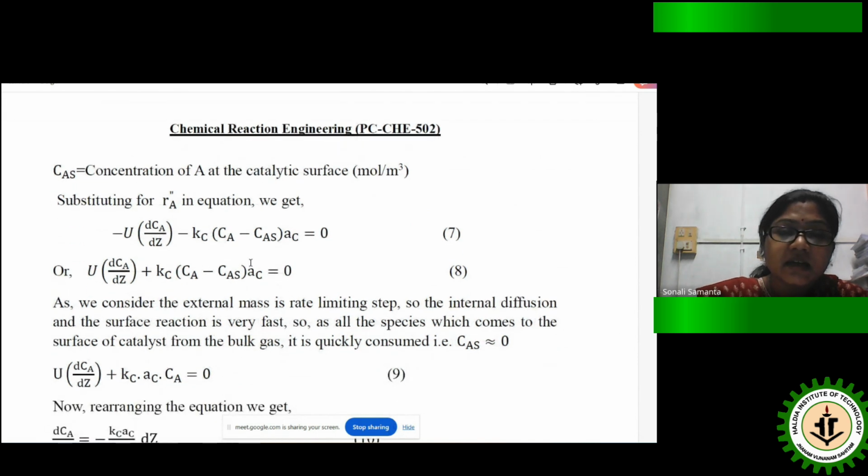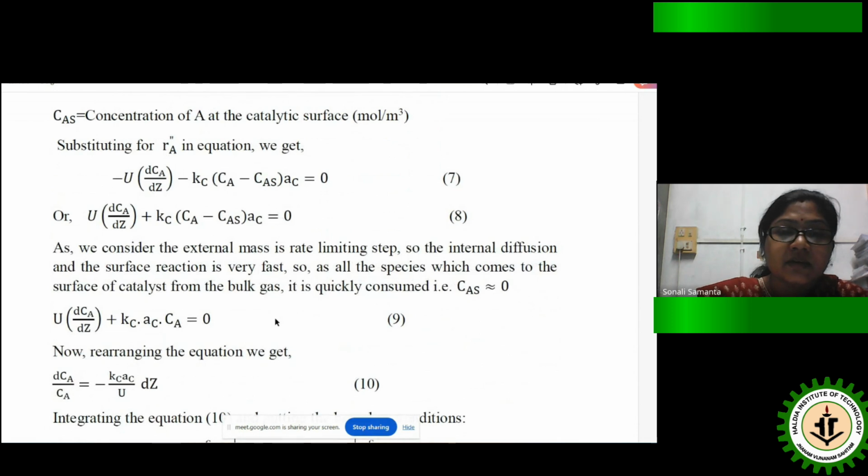Now, whatever A comes to the surface is quickly consumed, so we consider CAS is 0. The equation gets reduced to U into dCA by dz plus Kc Ac CA equals 0.